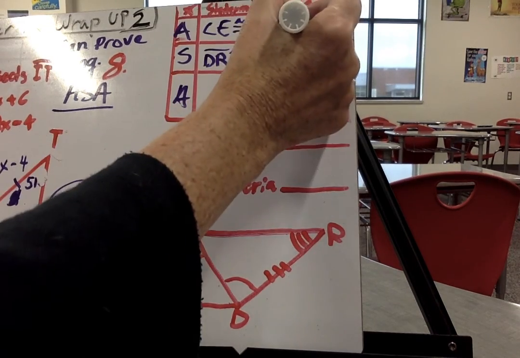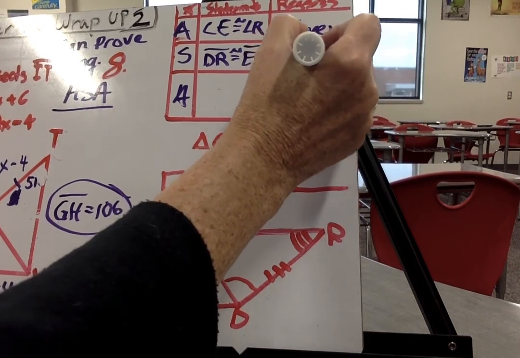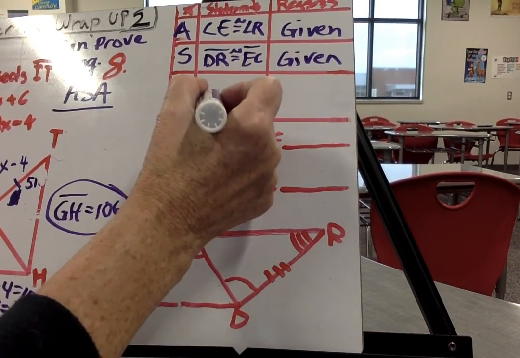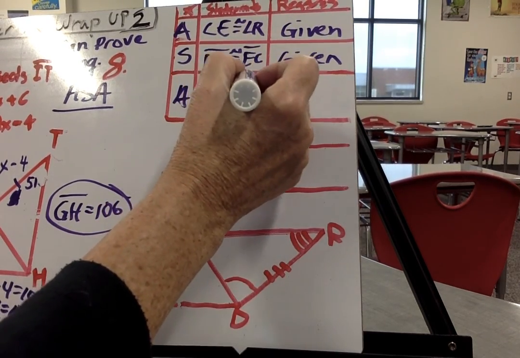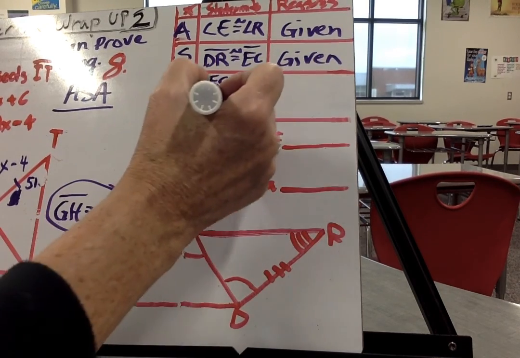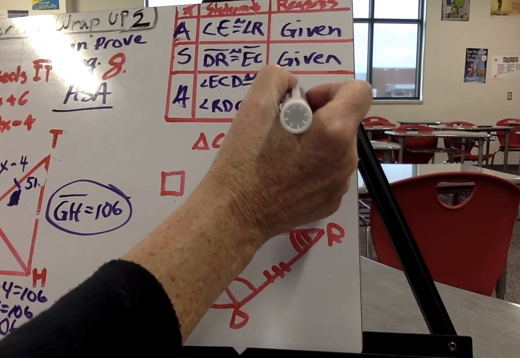And the reasons are it's given. And then the last one is angle ECD is congruent to angle RDC. And that's also given.